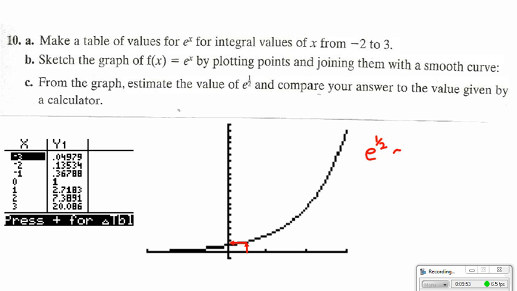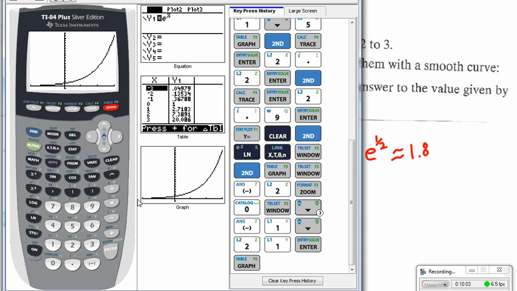e to the 1/2 is about, I'd say, 1.8, and we'll try to calculate that.